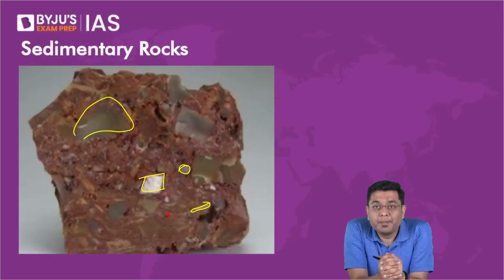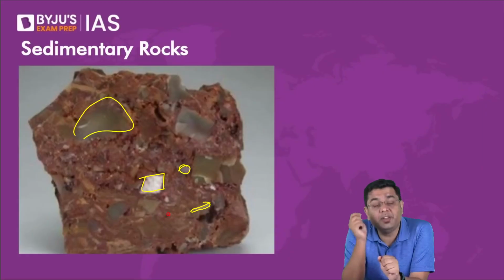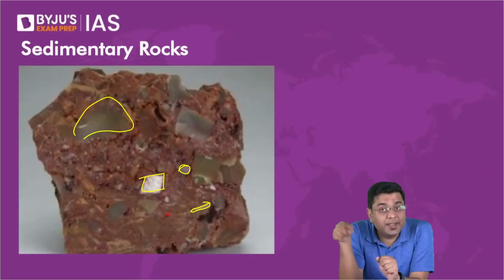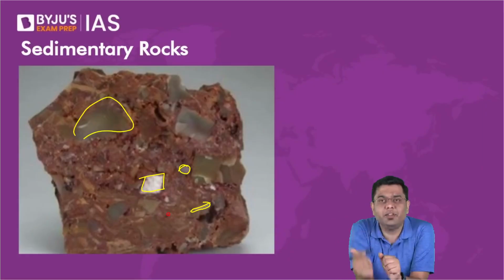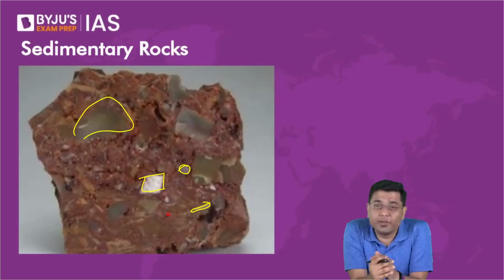Why? Because it is easier to carve in these rocks. It is easier to break and create designs in these rocks. Whereas in the case of igneous rocks, it is almost impossible.